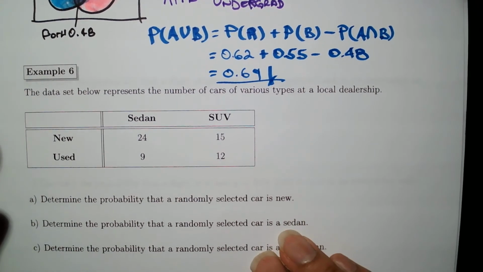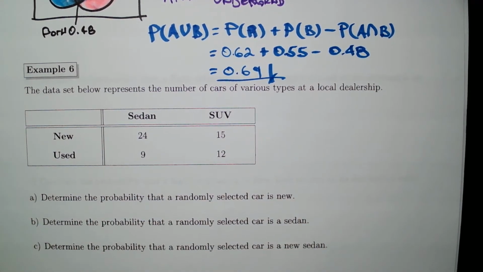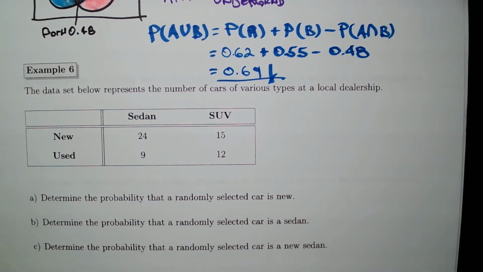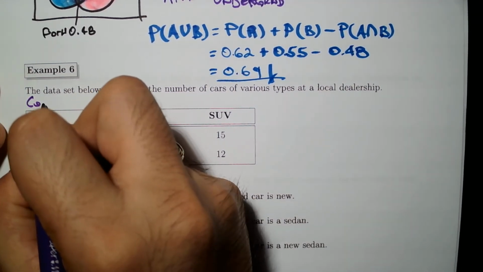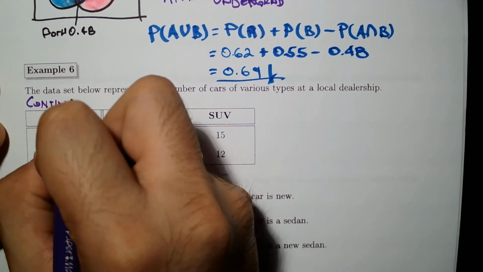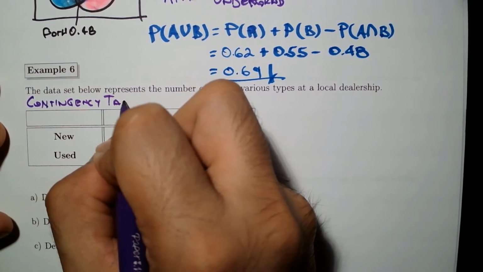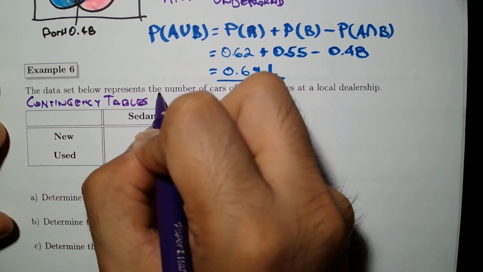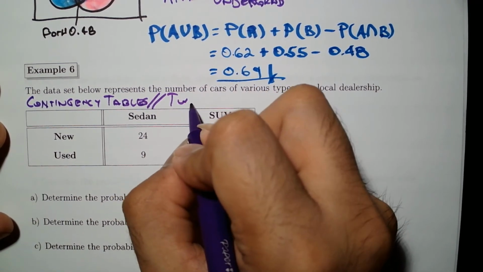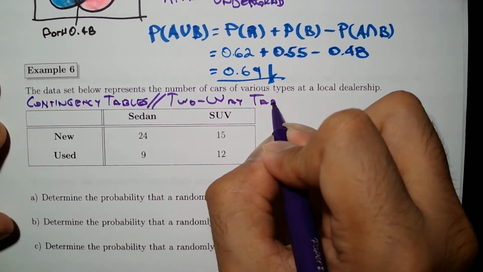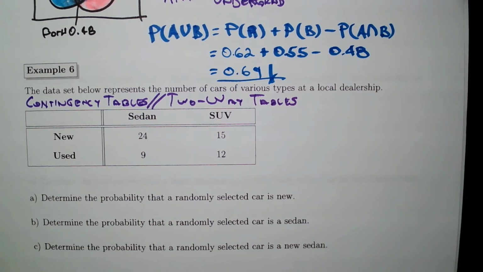Now we have a very typical problem in which they give us what we call contingency tables, or sometimes we call these two-way tables. Let's write that down. Two-way tables.